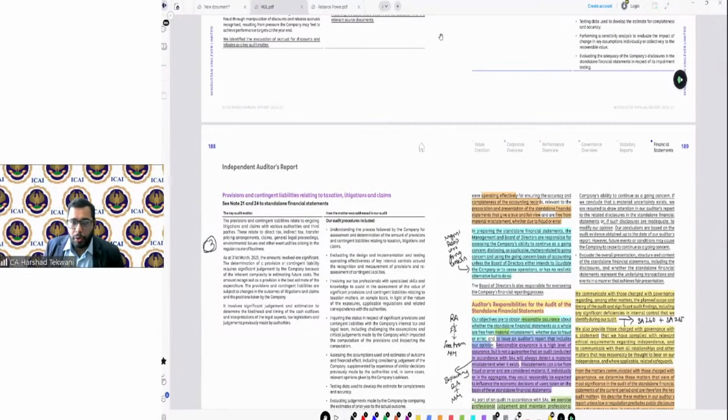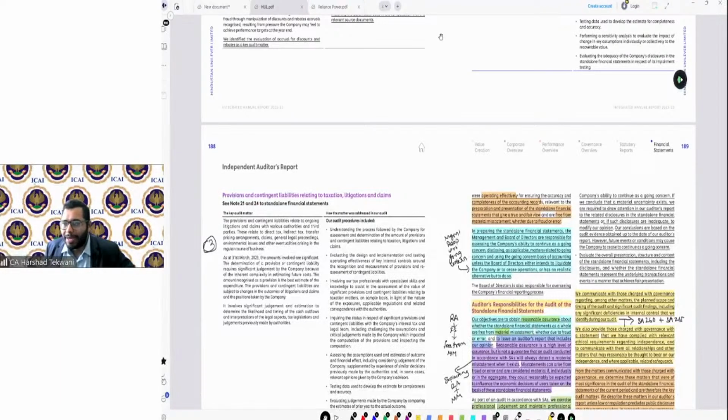SA 710 talks about comparative information, corresponding figures, and comparative financial statements.